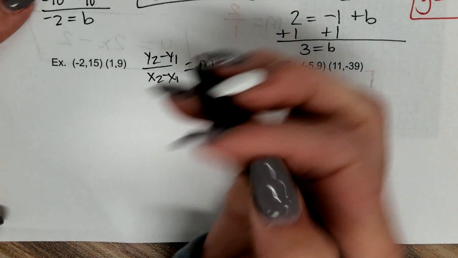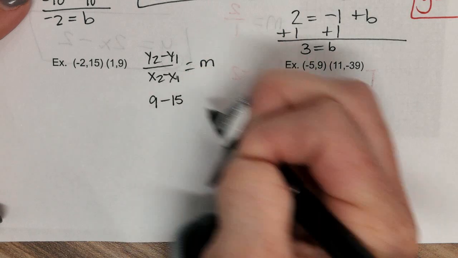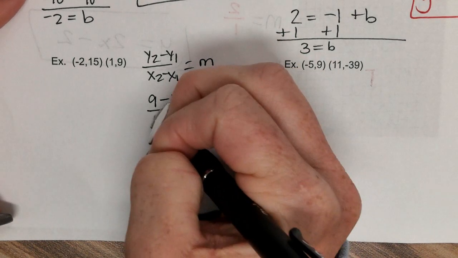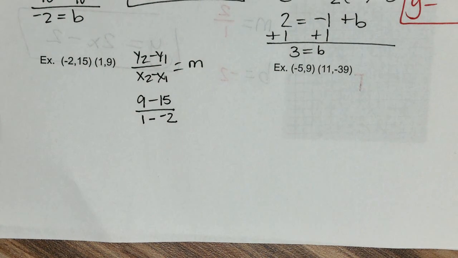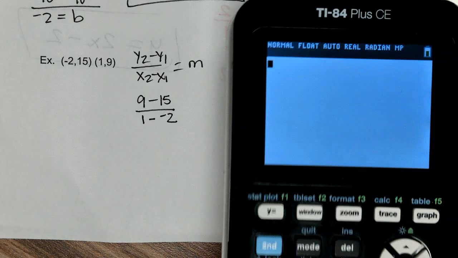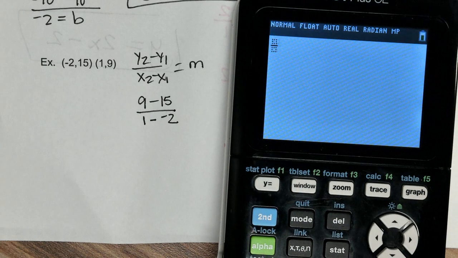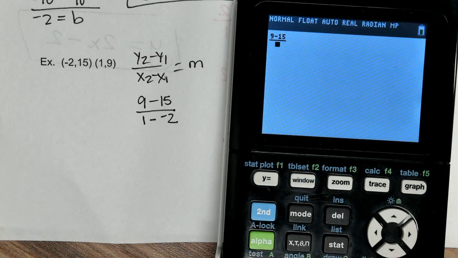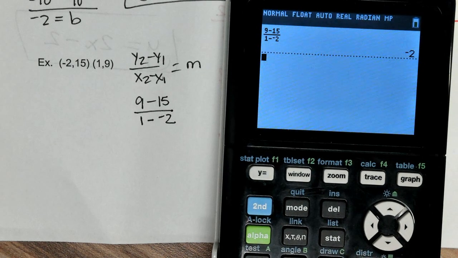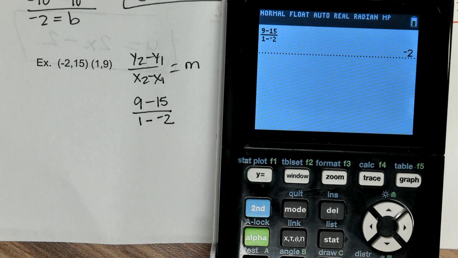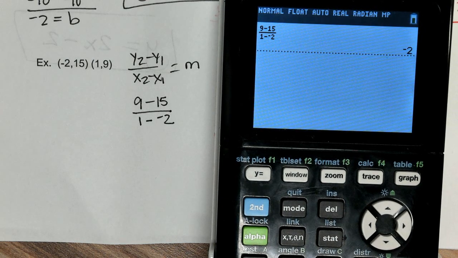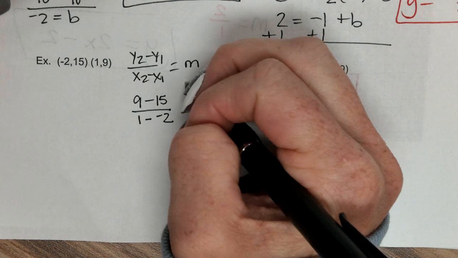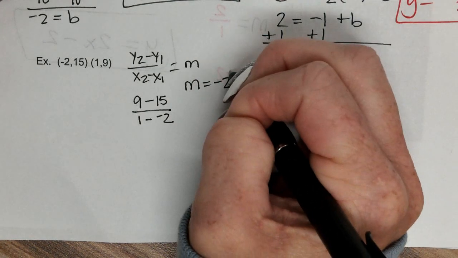Okay, so let's go do that. 9 minus 15 over 1 minus negative 2. Okay, so what did y'all get for the m? Everybody got negative 2? Okay, so I'm going to write my m is negative 2.